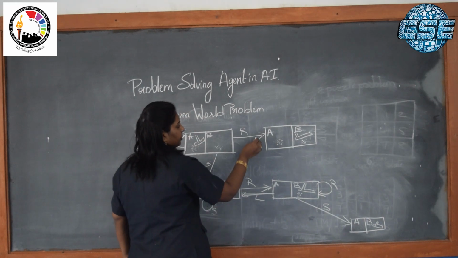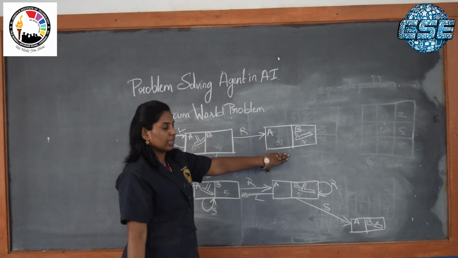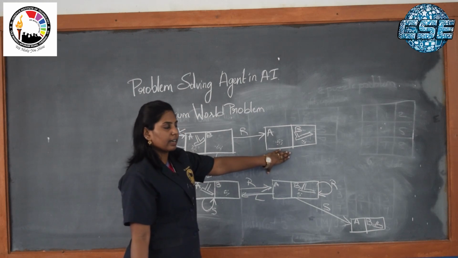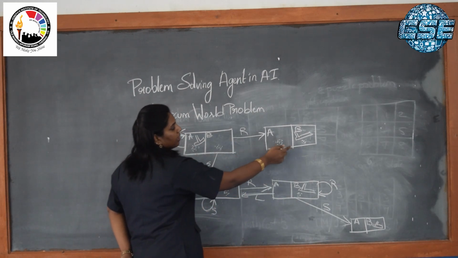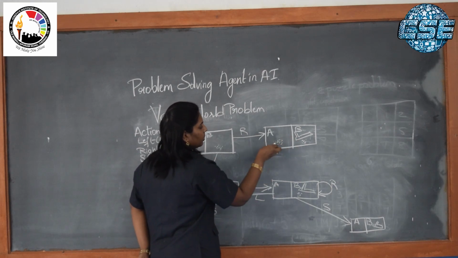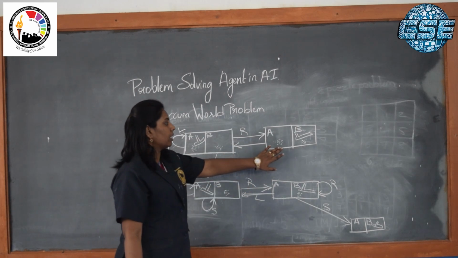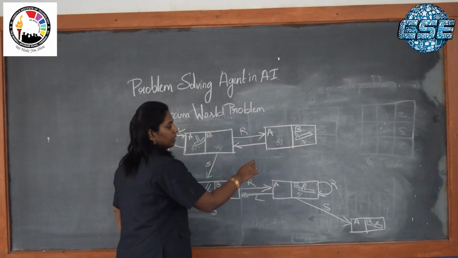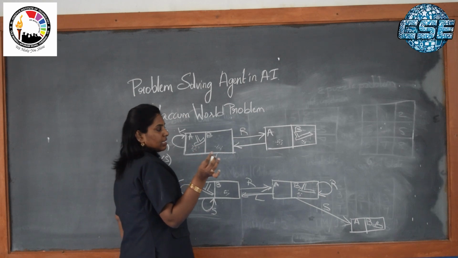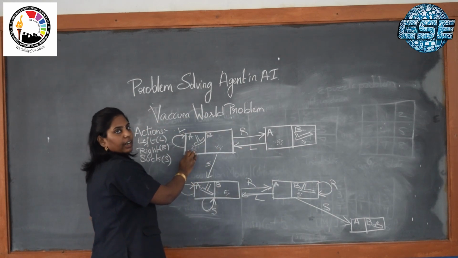Next, this is our new transition state. This is another condition: the vacuum is inside B. So we are going to take the actions left, right and suck. If you go left, it will reach this condition only.